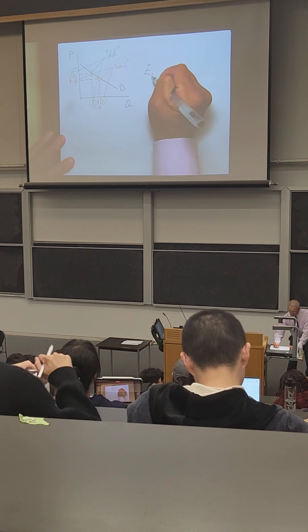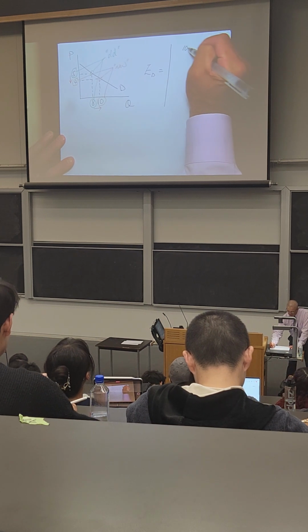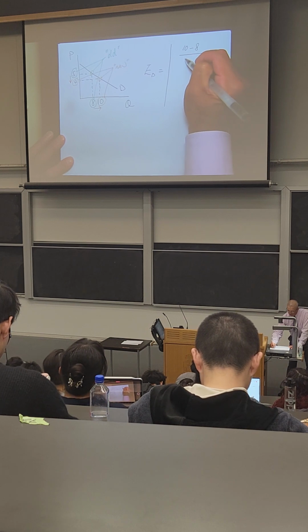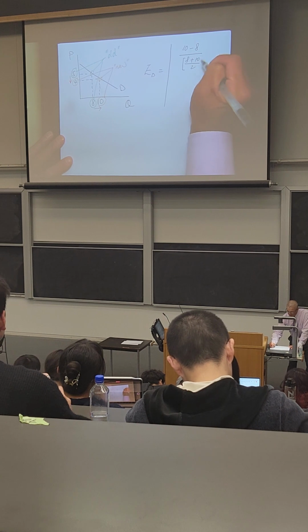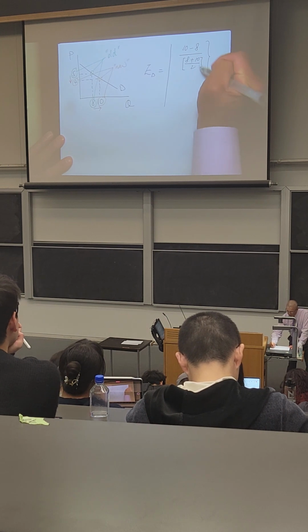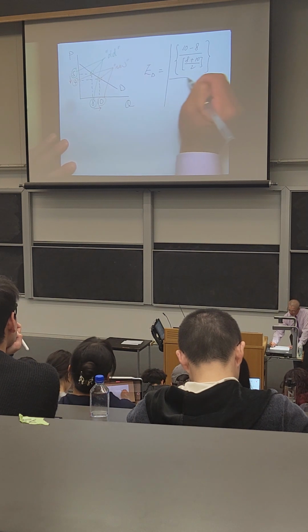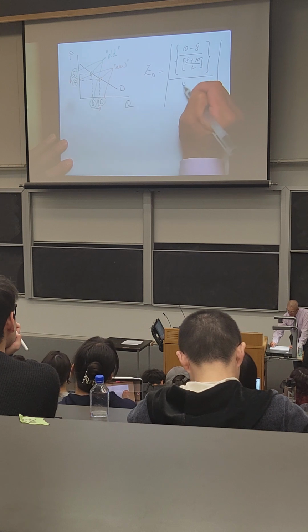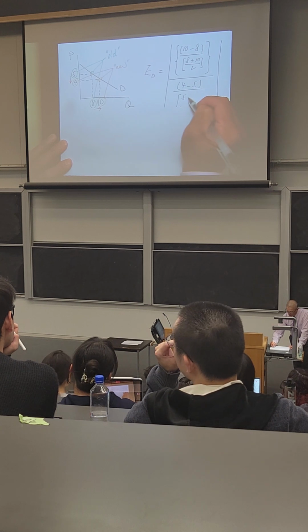We can plug these numbers into our demand elasticity equation. That is the absolute value of the new quantity minus the old quantity divided by the average of the two, which is 8 plus 10 divided by 2. That would be the percentage change in quantity, over the new price minus the old price divided by the average of the two prices.